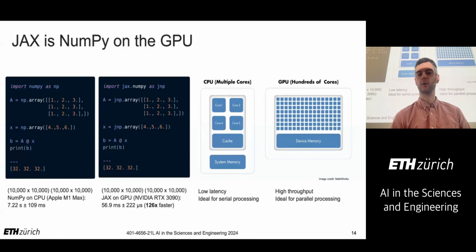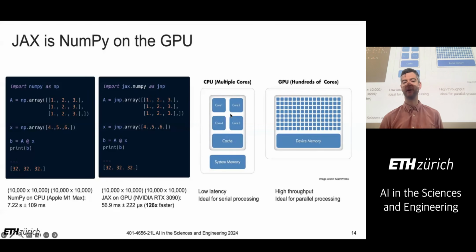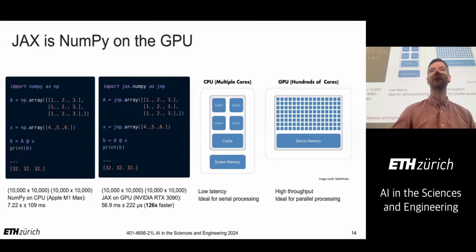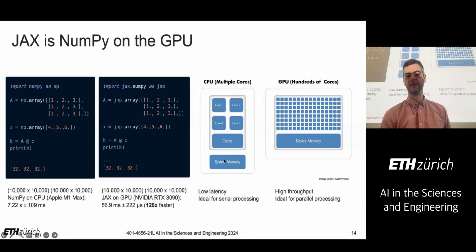These cores are designed to be incredibly fast and really good at serial computation, that is, sequential computation that depends on its previous inputs. These are the types of computations we usually need when running an operating system on a computer, where we do lots of tasks in sequence. That's what they're designed for, and they have very low latency.